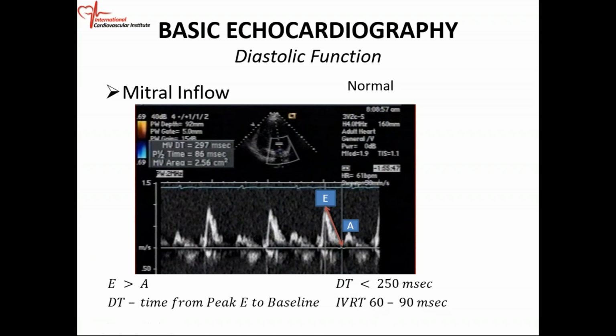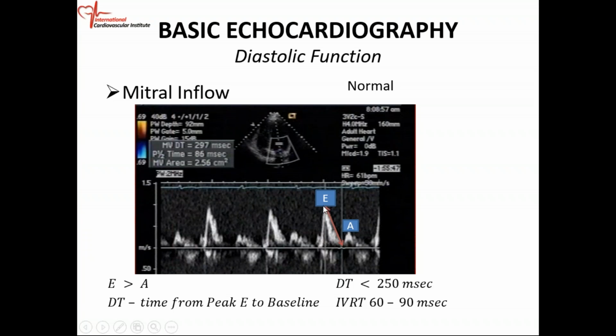So you have to know how to do these measurements. Again, peak E, that is the E velocity. All you do when you're doing the study is put the pointer at the top of the E, and the computer will give you the E velocity.